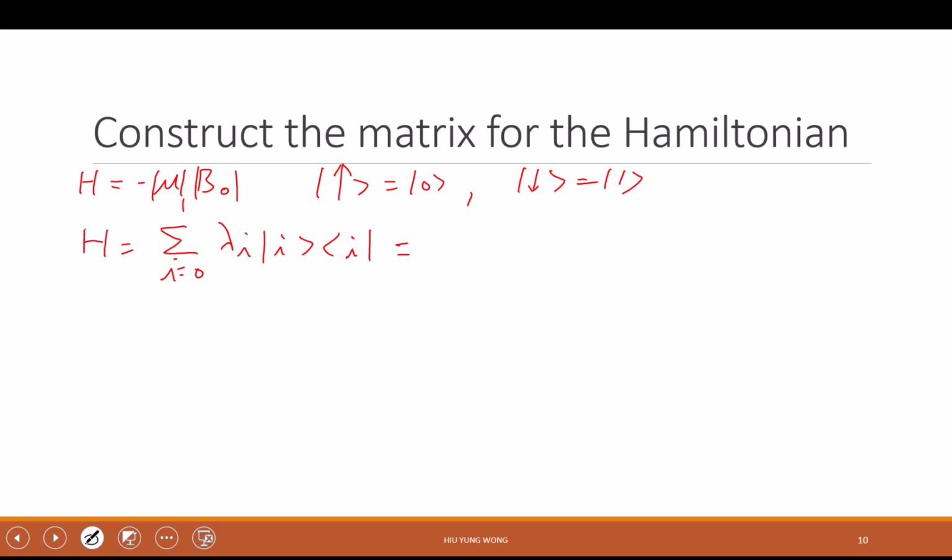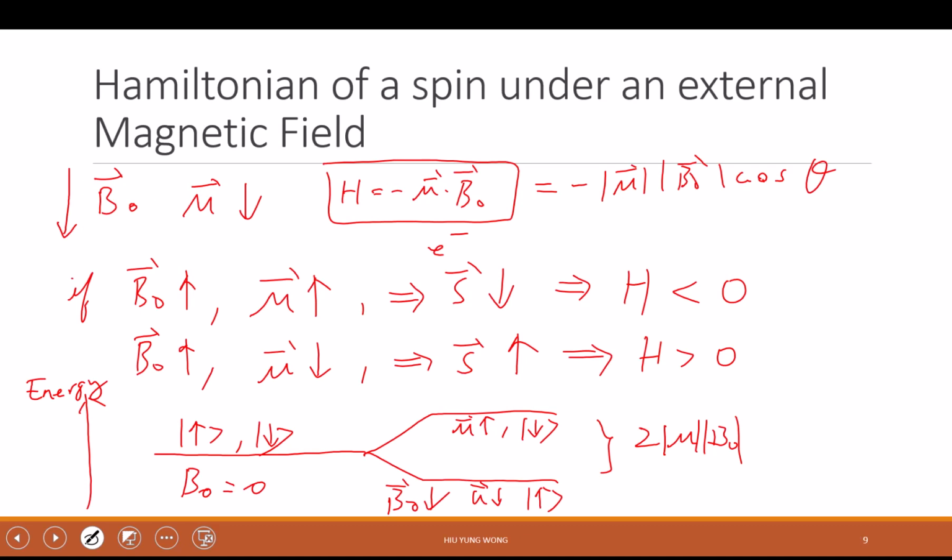It has 2 states, right? Let me write it out. When it is the 0 state, its eigenvalue is lambda 0. When it's the 1 state, the eigenvalue is lambda 1. When it's the 0 state, which is spin up, what is its eigenvalue? Look at this.